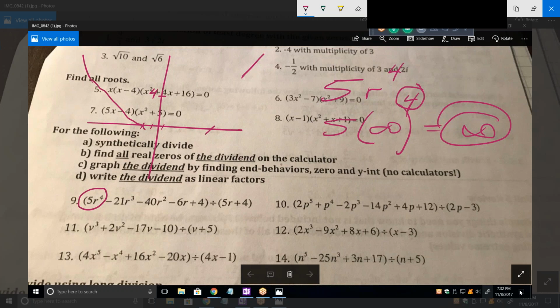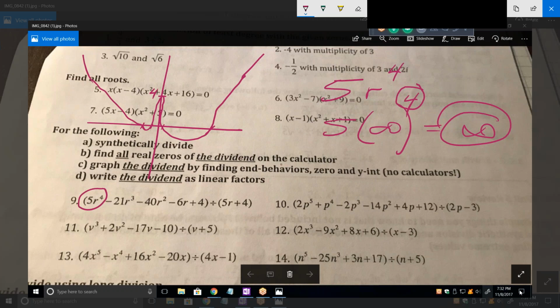If it had multiplicity of 2, it would bounce off and go up. In fact, whenever it has even multiplicity, it touches the x-axis and goes the other way. When it has odd multiplicity, it goes through the x-axis. All of these have odd. So got to go back through that zero, up through there, down through there, and it finishes like that.